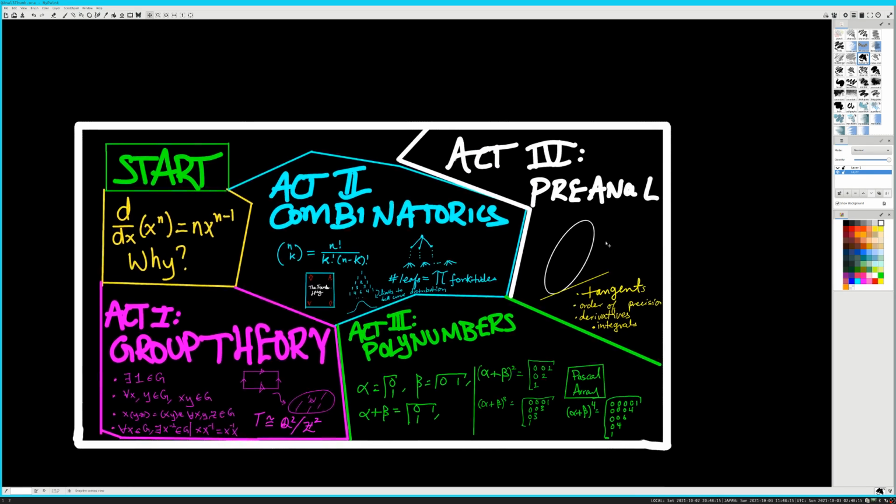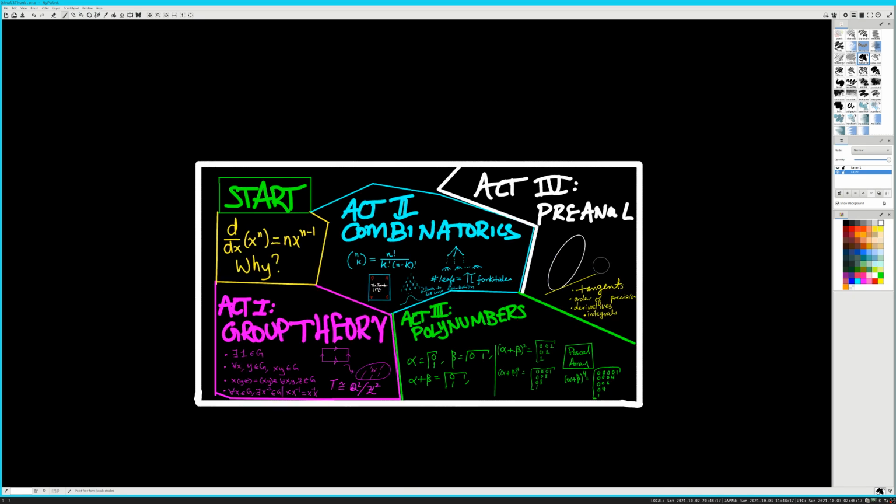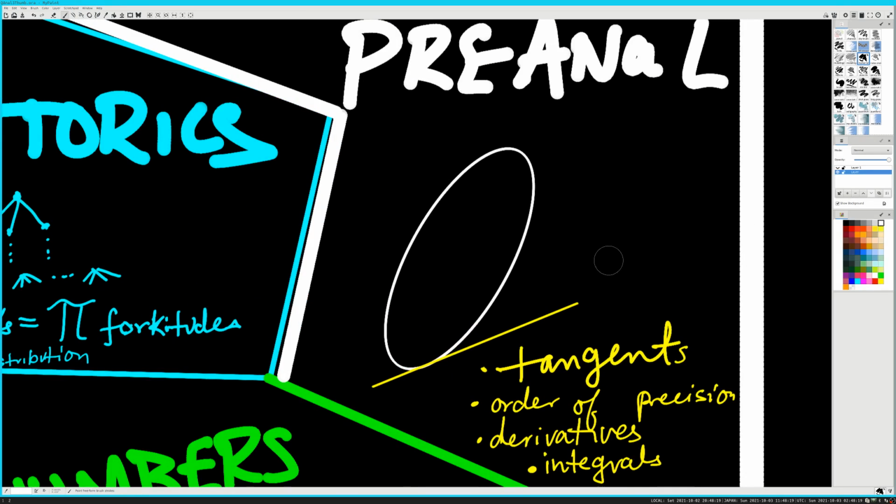Let's draw Newton. And let's draw the apple falling on his head.